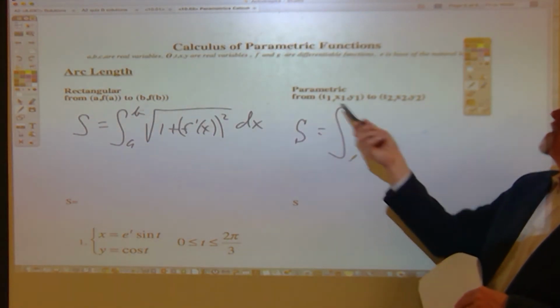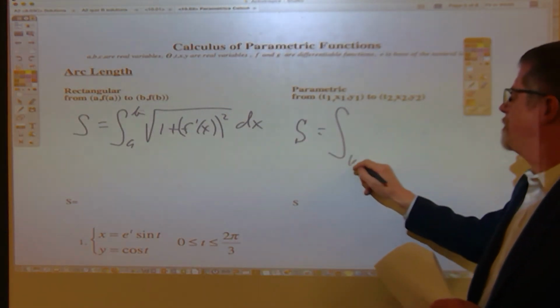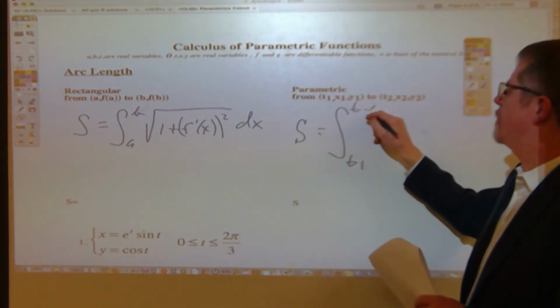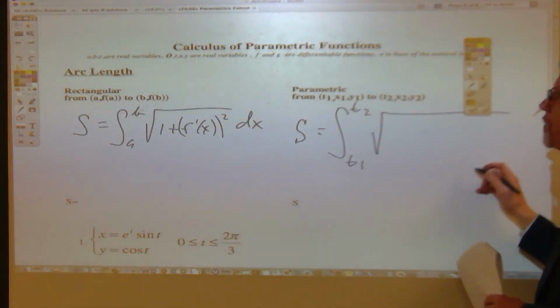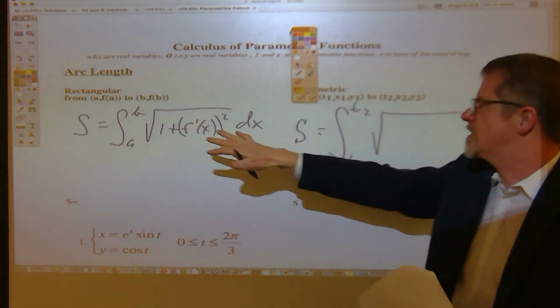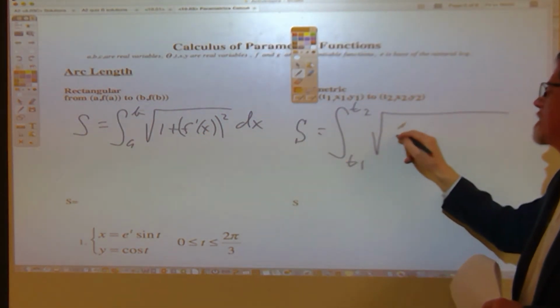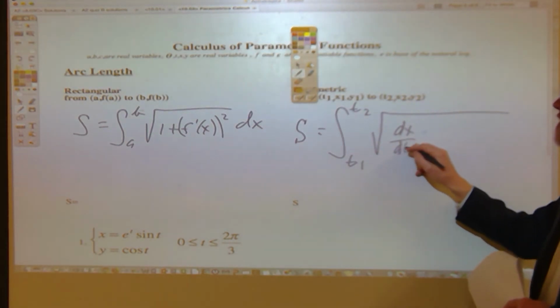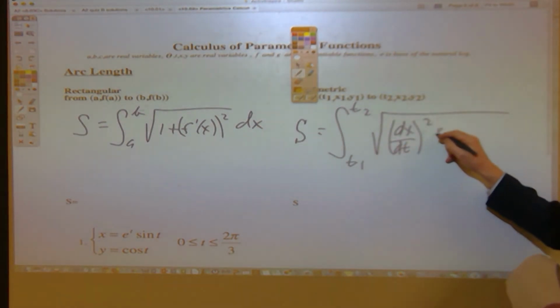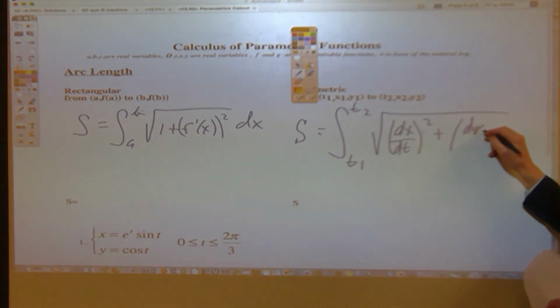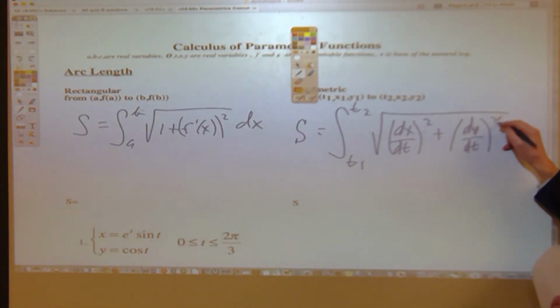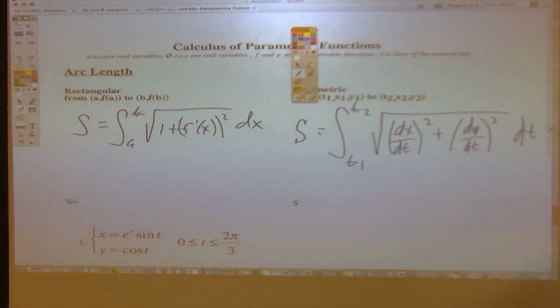How much distance did you travel from time 1 to time 2? This comes out to the integral from t1 to t2 of the square root of, and once again, just like over here we squared a derivative, the derivative of the x parametric equation, dx dt quantity squared, plus the derivative of the y parametric equation, dy dt squared, dt.